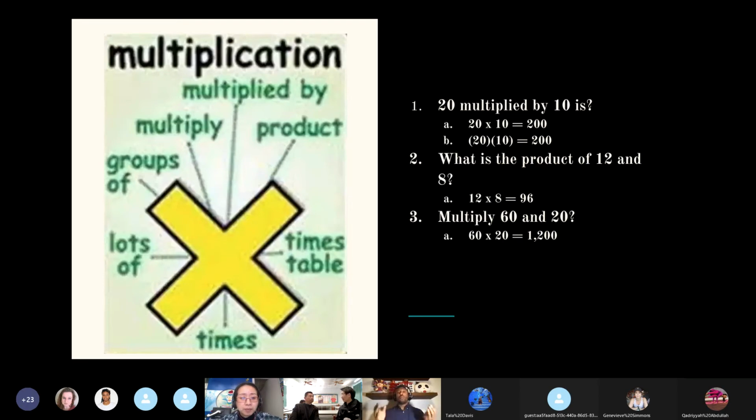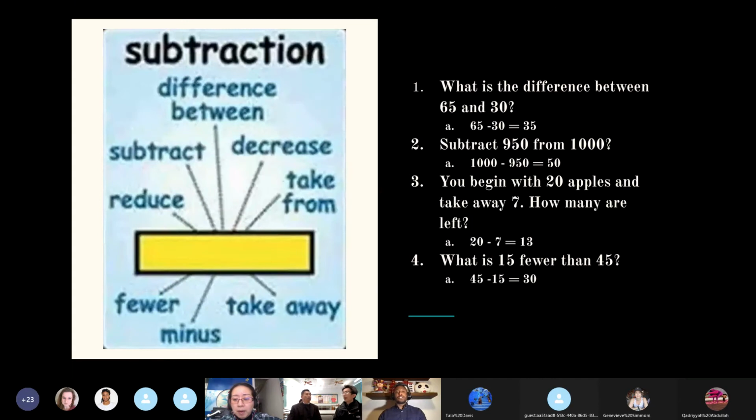Number two here, what is the product of 12 and 8? Which is just 12 times 8 equals 96. So product is definitely one of those words similar to difference that we saw here.